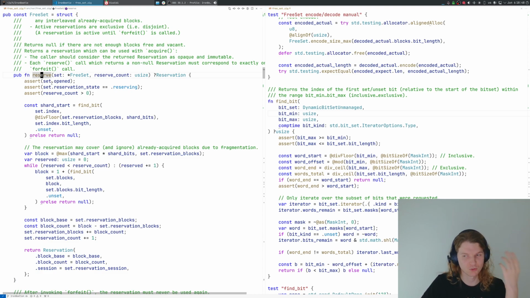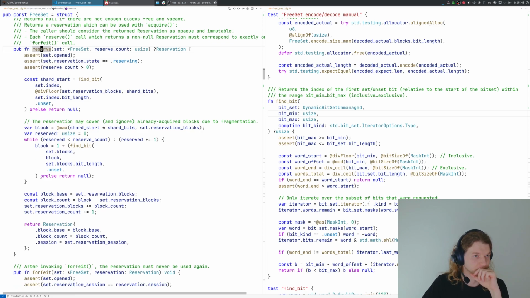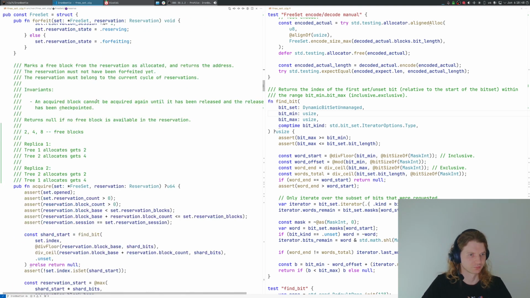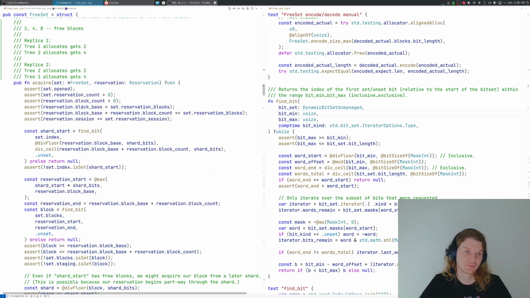After we've got ourselves a reservation, we can go and actually acquire a block. So our reservation remembers the first block where it starts. As usual, we use the index to identify the first unset block starting from the start of our reservation.